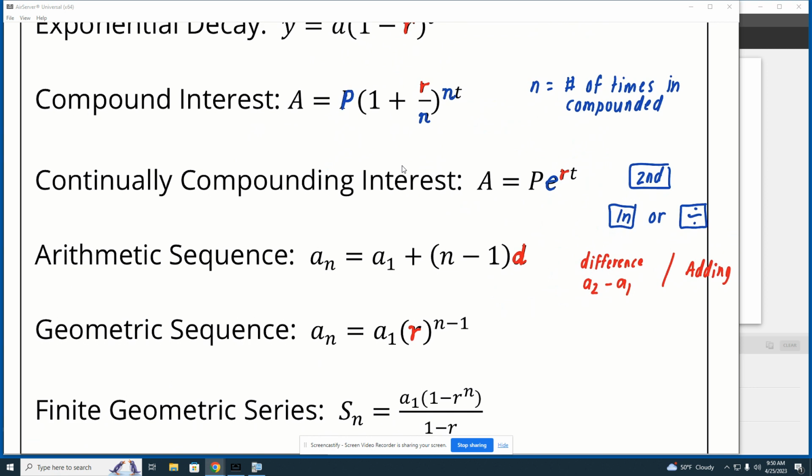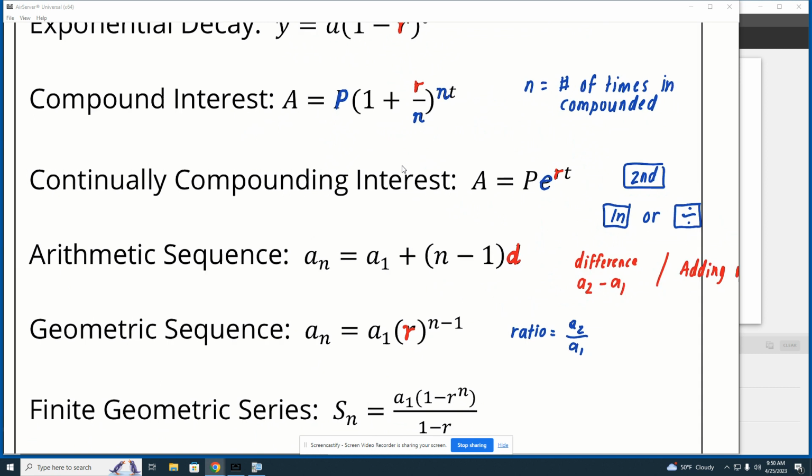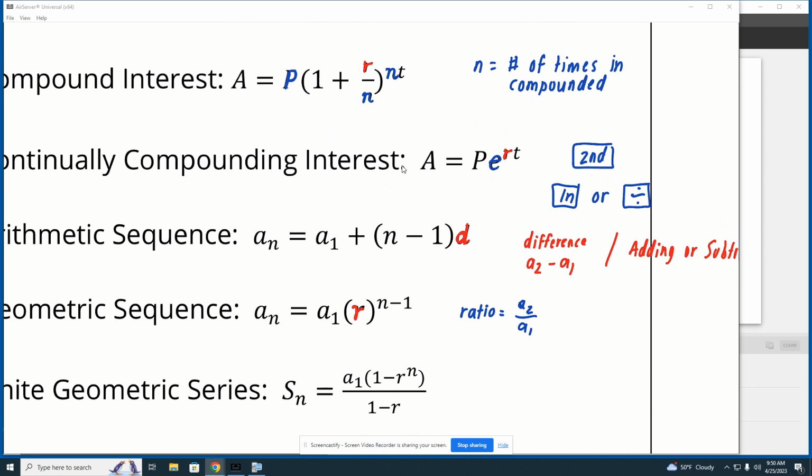But what about a geometric sequence, y'all? What keys me in on that? That's a common ratio, which we find by doing a sub 2 divided by a sub 1. Remember that? So this is being used when we're multiplying by the same thing over and over again.